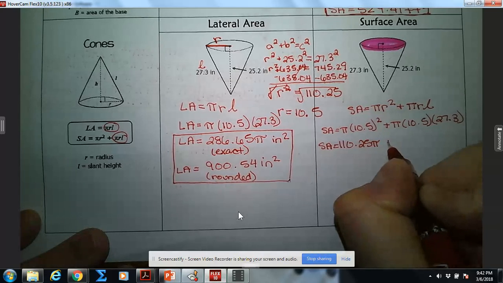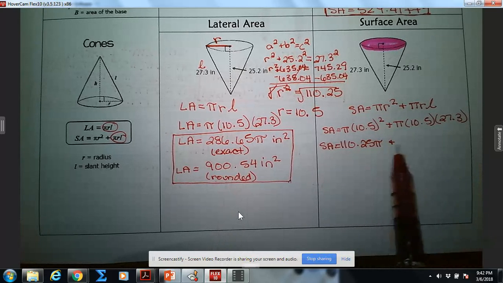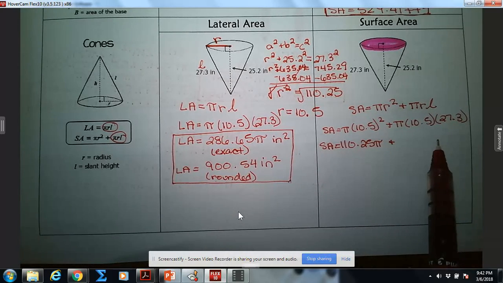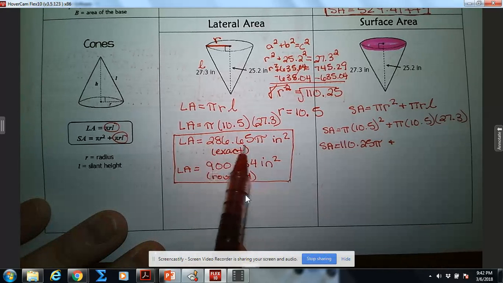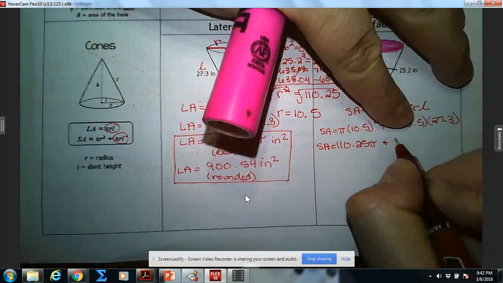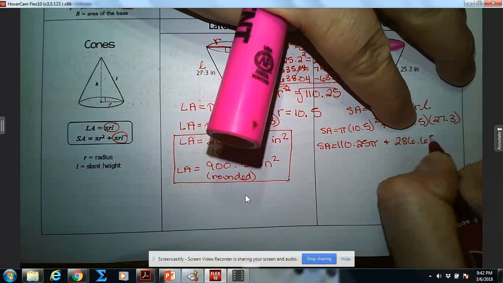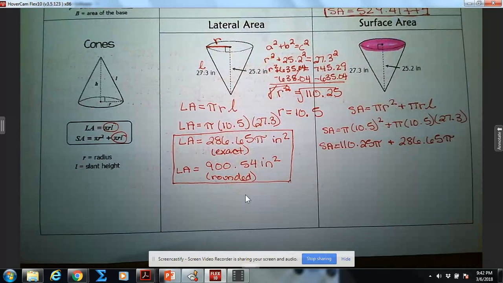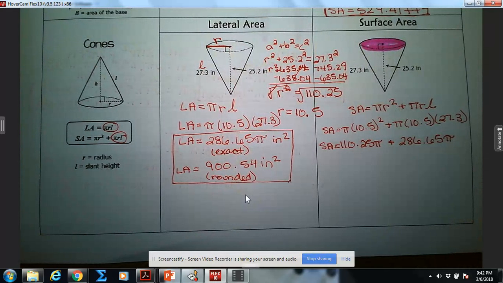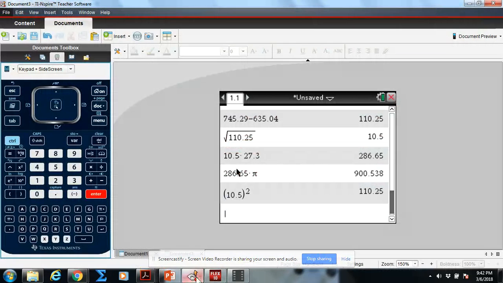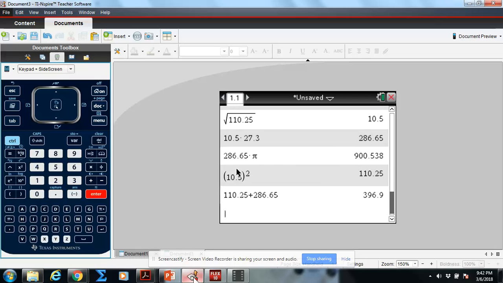And then I need to add in this lateral area. Now we already did this, so I'm not going to double dip and do twice the work. The lateral area was 286.65 pi. Those are like terms, so we can add them together. 110.25 plus 286.65.